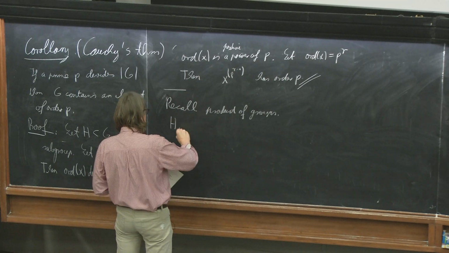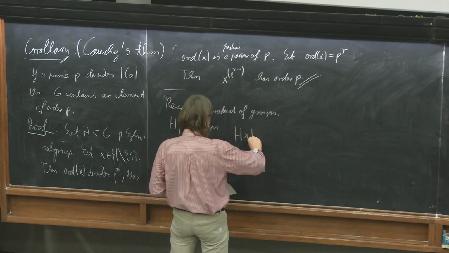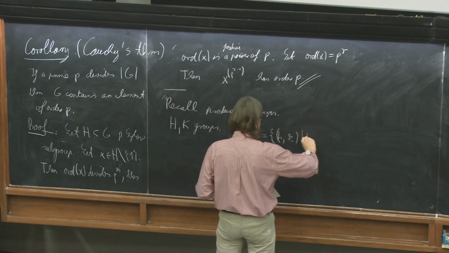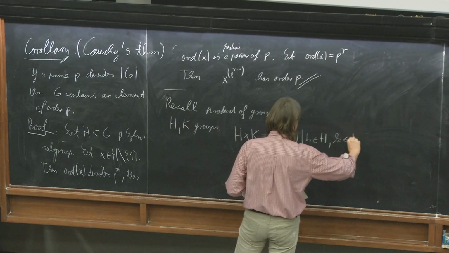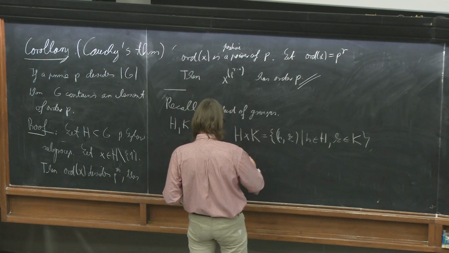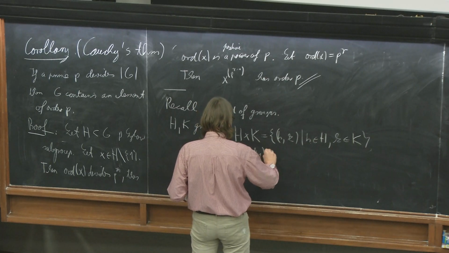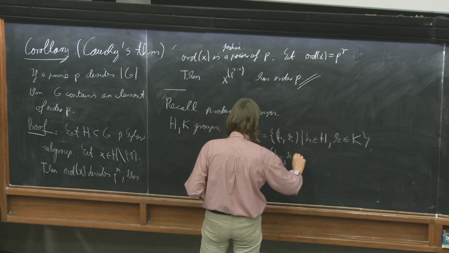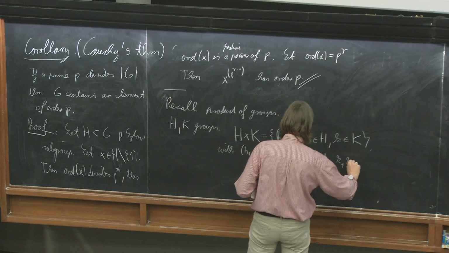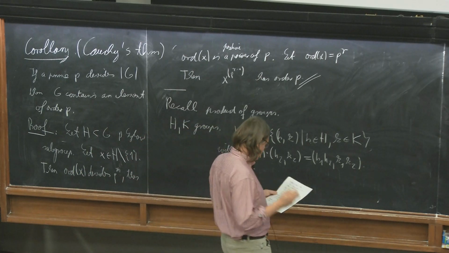If H and K are groups, then we defined H times K as just the set theoretic product, with the group operation (h1,k1) times (h2,k2) is (h1 h2, k1 k2). So this is just the product of groups. We had seen this is always a group when we start with two groups.